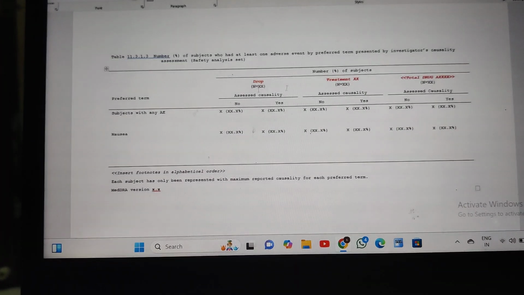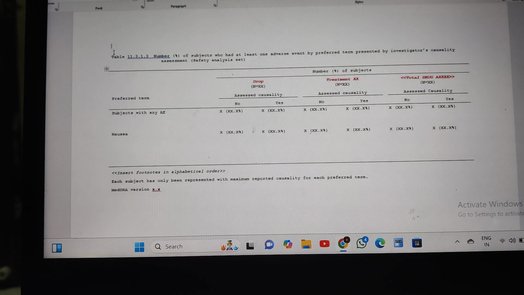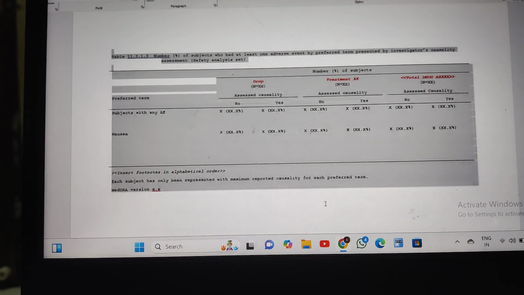They will mention adjacent to these headers and fields which variable we need to use. Some companies will not do the annotations, but still when we understand the tables, we can easily identify the variable names. It's up to the particular sponsor and their requirements.